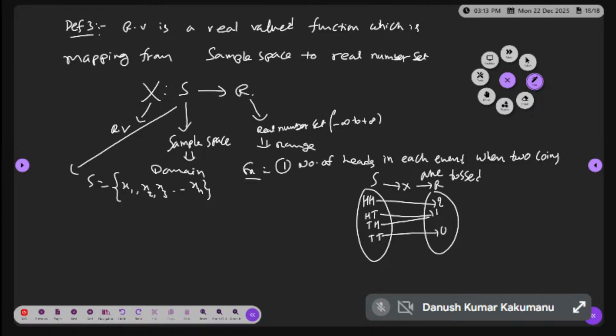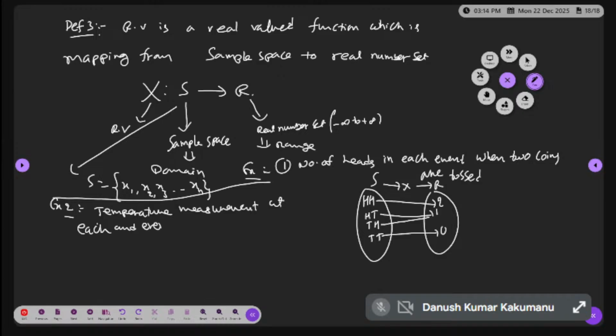Take another example, example 2. Temperature measurement at each and every moment between 1 p.m. and 2 p.m. In between 1 p.m. to 2 p.m., how many time instants are observed here?